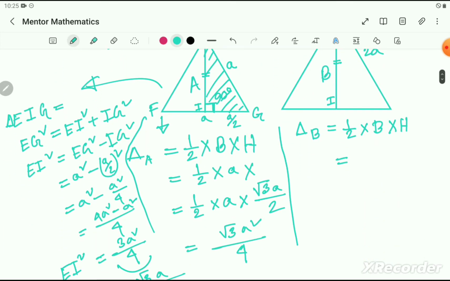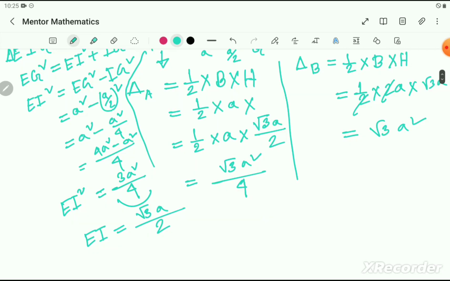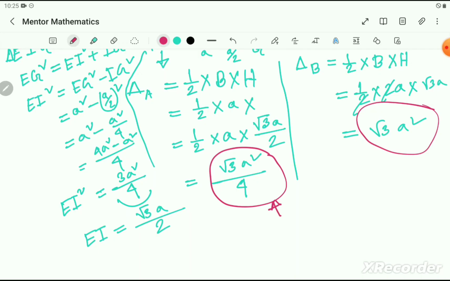So it becomes half times 2a times root over 3a. So this 2 and this 2 can be cancelled out, then root 3 a squared. So now let's compare these two values. It seems if we multiply the surface area of triangle A by 4, then we get this.